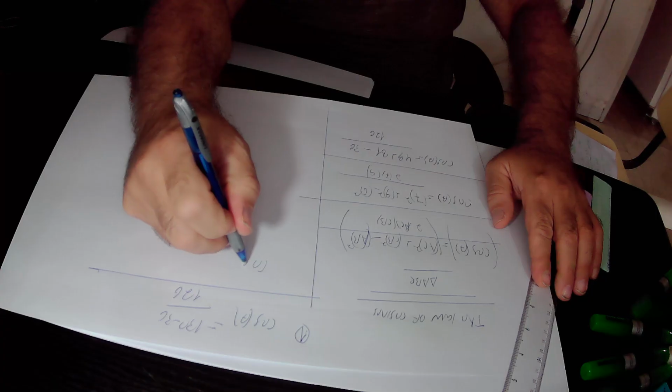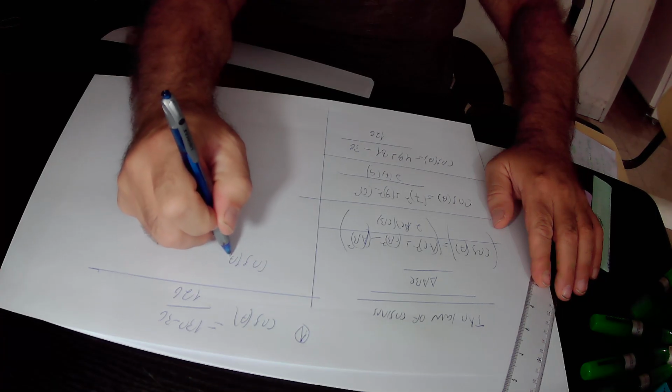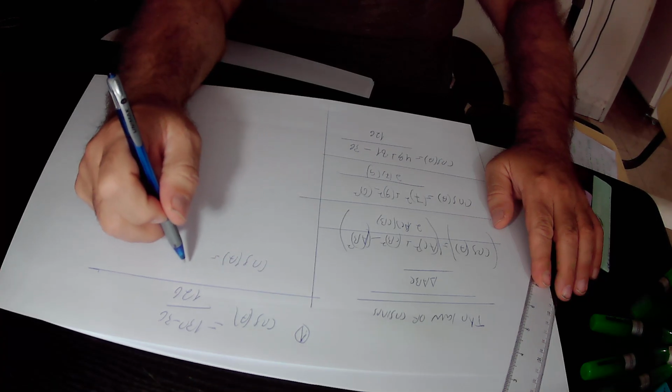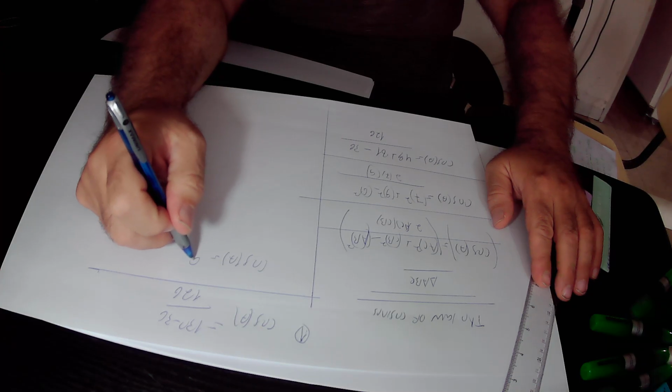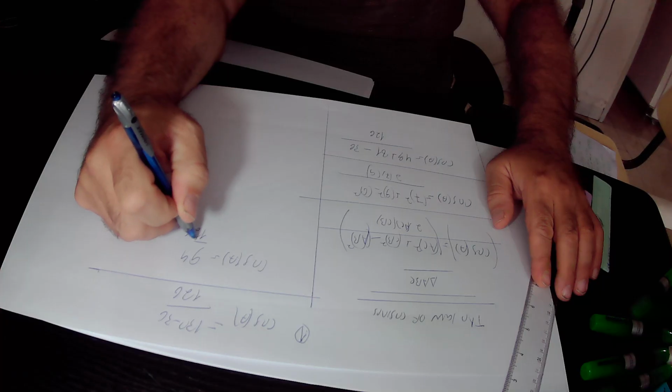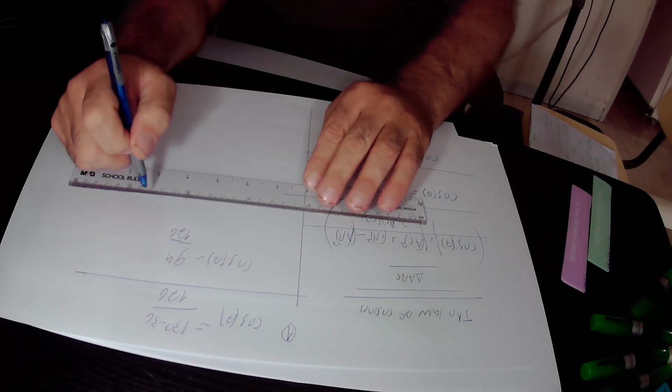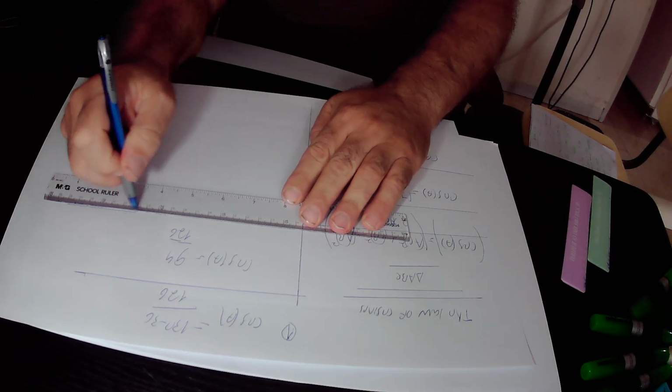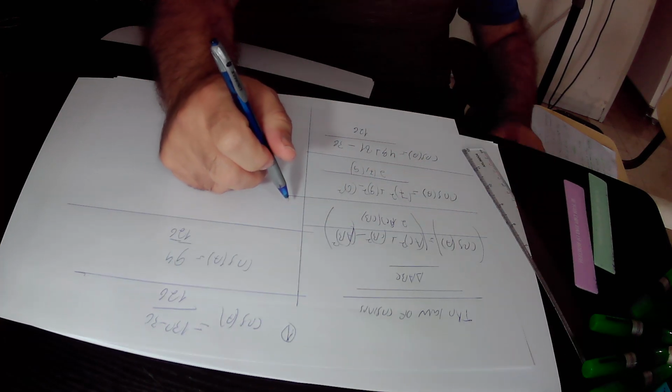So cosine theta equals 130 minus 36 is 94 over 126. So in total we find that cosine theta equals 94 over 126.